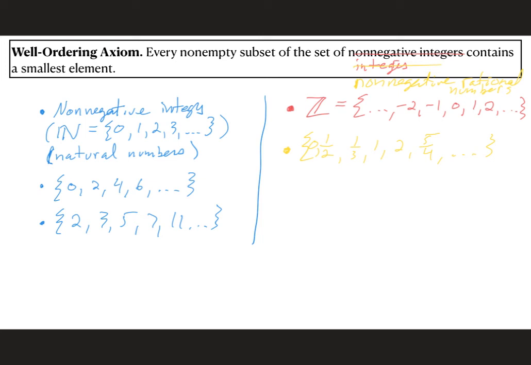Now, the idea here is the set of non-negative rational numbers does have a smallest element, 0, but not every non-empty subset has a smallest element. In particular, we could pick the positive rational numbers. If we look at that subset, the positive rational numbers has no smallest element.